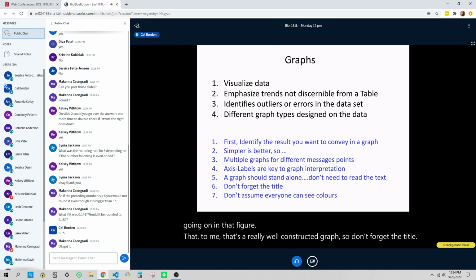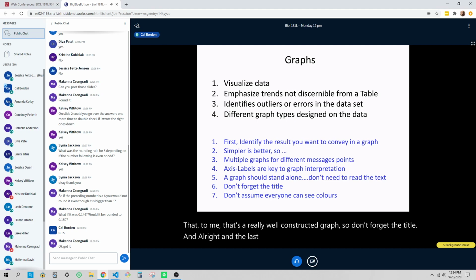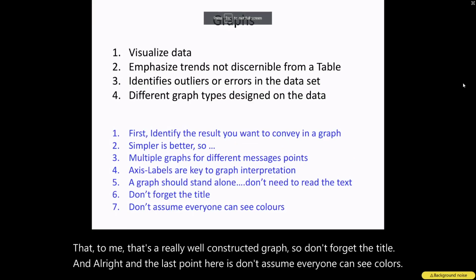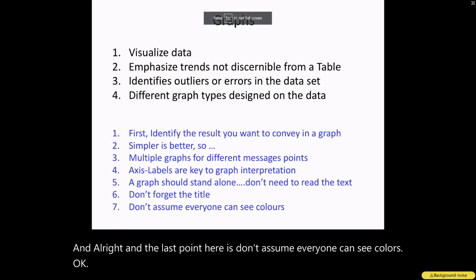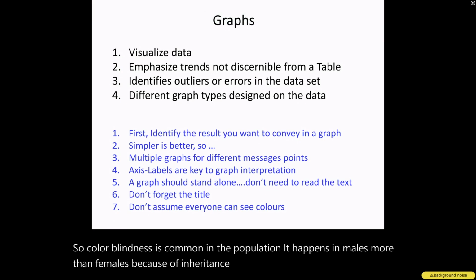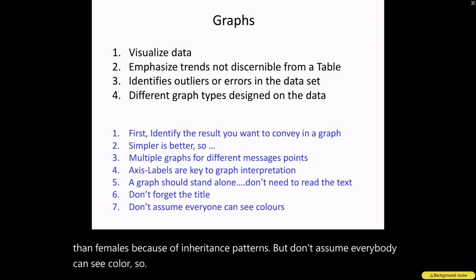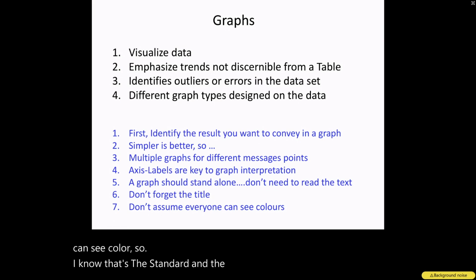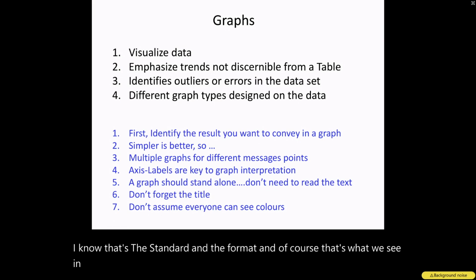And all right, the last point here is, don't assume everyone can see colors. Okay, so color blindness is common in the population. It happens in males more than females because of inheritance patterns, but don't assume everybody can see colors. So I know that's the standard and the format, and of course that's what we see in publication, that's what we see on the news story and in newspapers and on TV.